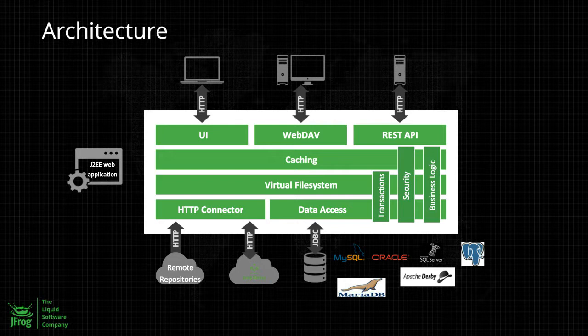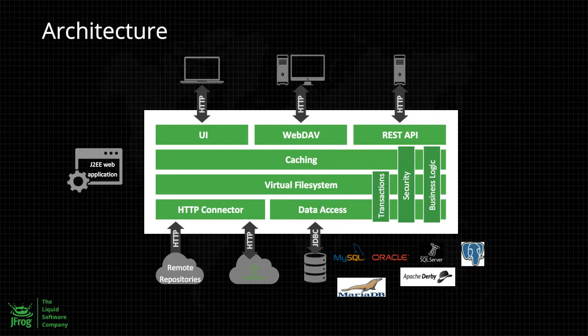Keep in mind that even when you go through the UI, behind the scenes, Artifactory is using REST API to communicate with its backend. What does it mean? It means that you can do everything in Artifactory through the REST API. And we know by statistics that more than 90% of the use of Artifactory is done through REST API.